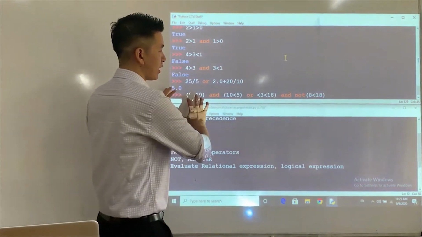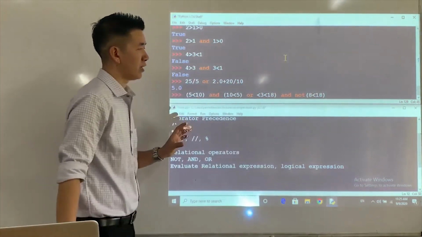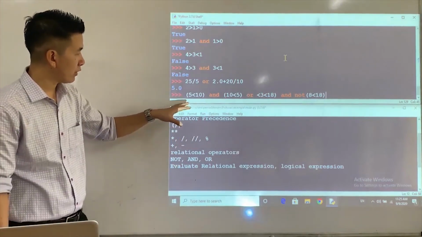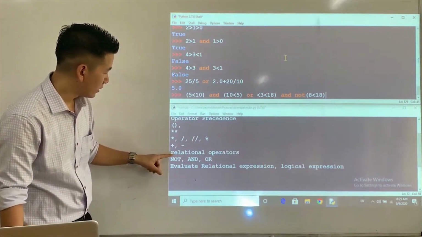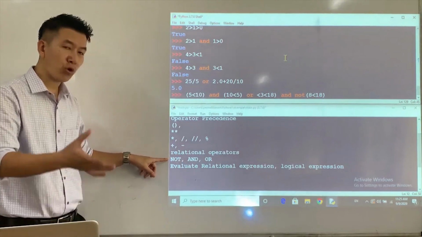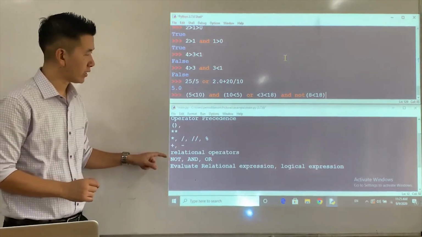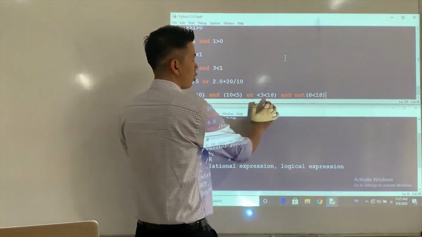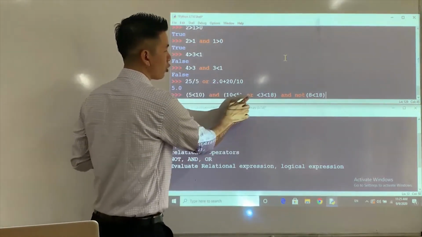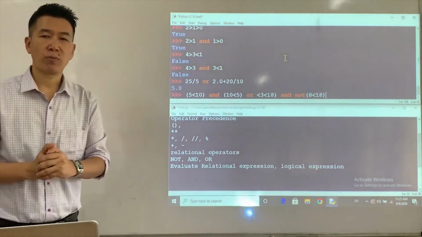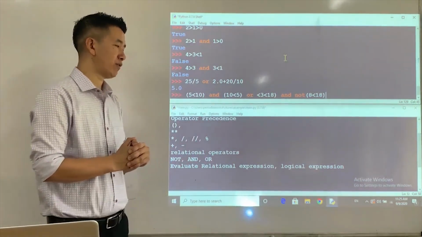Now, once we are done with evaluation of the relational expressions, even if you do not have the brackets, the relational operators come before the logical operators. So once you're done with all these, now you have and, or, and not. The question is which one of these logical operators needs to be evaluated first.